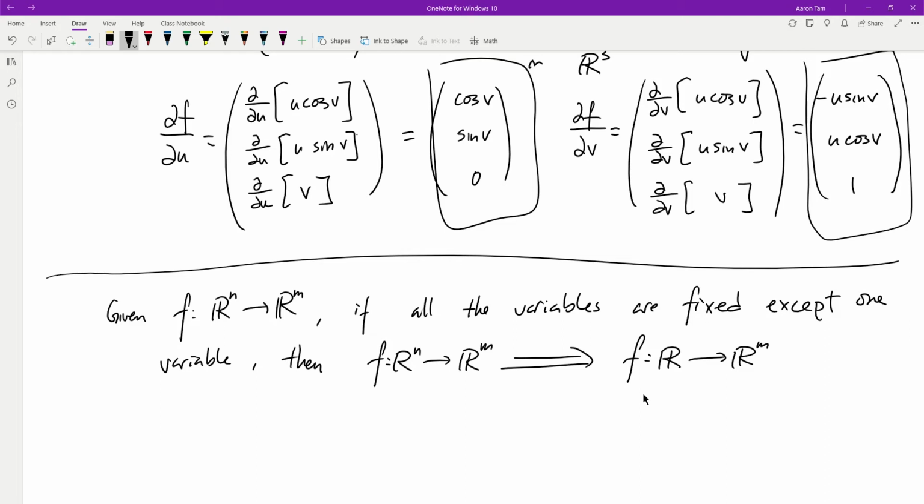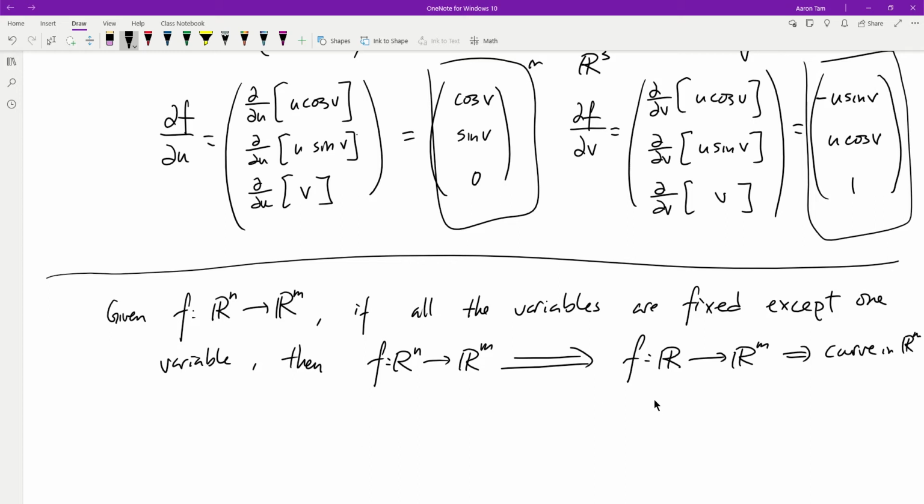Now we know what kind of function this is. This is a curve. And that concept you actually have learned back in 4.2. And that concept is called a coordinate curve.